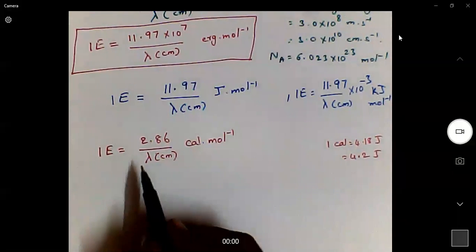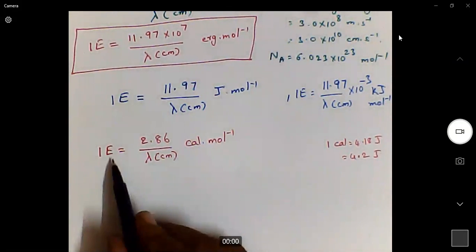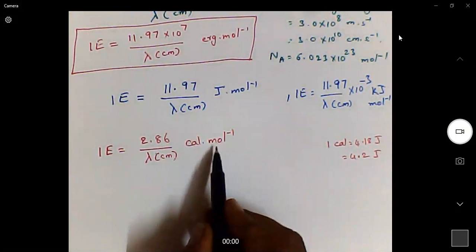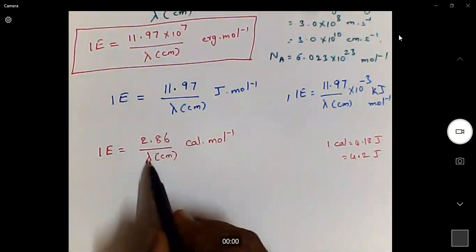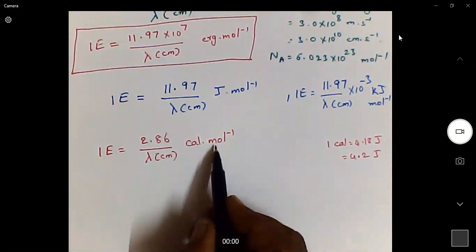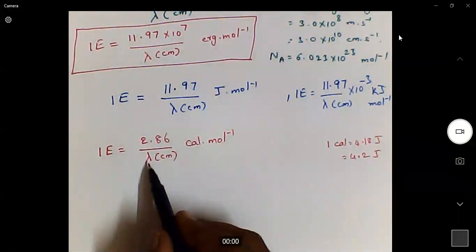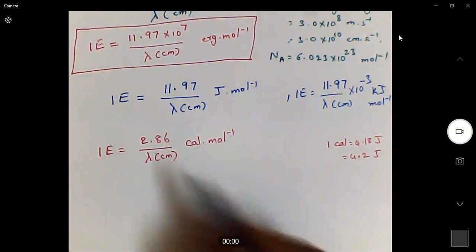So if we want to calculate the lambda Einstein value in calories per mole, we will just take 2.86 by lambda calories per mole. Of course, lambda we need to substitute this value in centimeters.